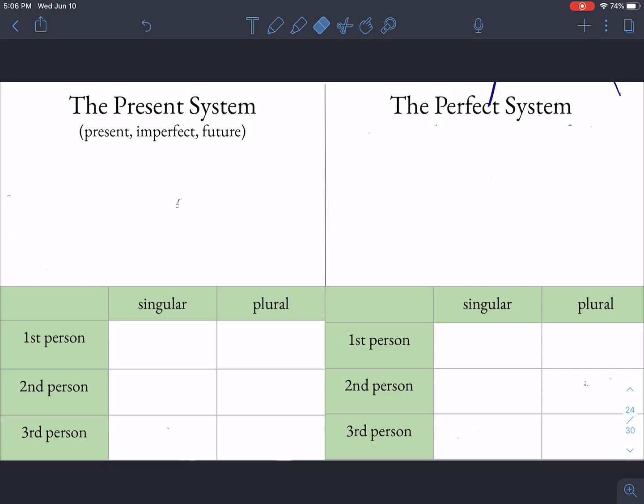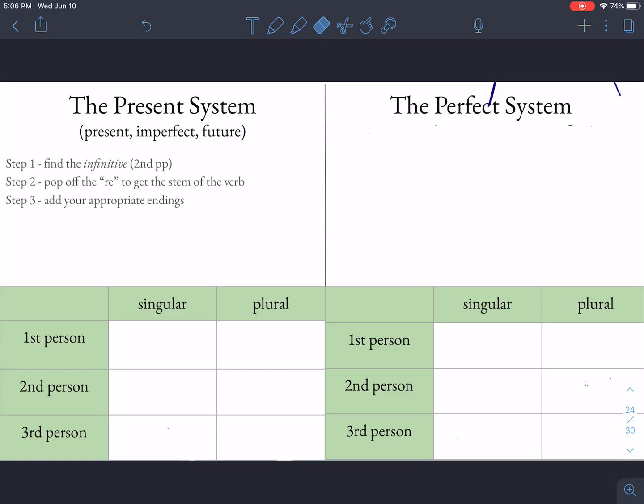So step 1, you have to find the infinitive. The infinitive is the second principal part. Step 2, pop off the -re to get the stem of the verb. Step 3, add your appropriate endings.